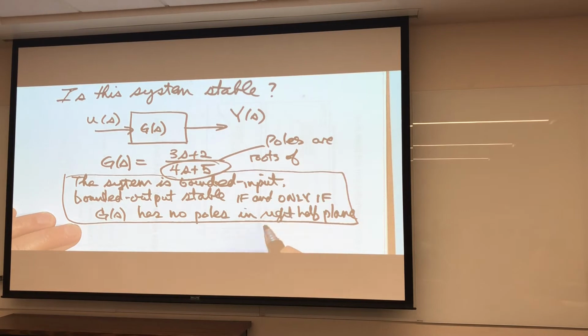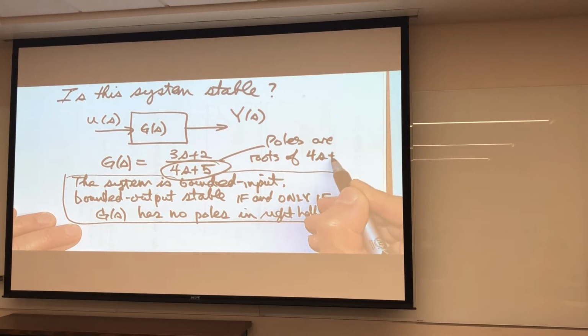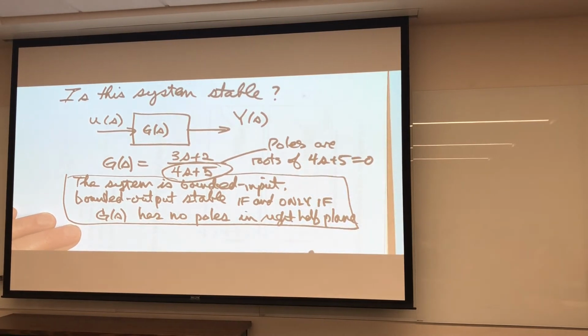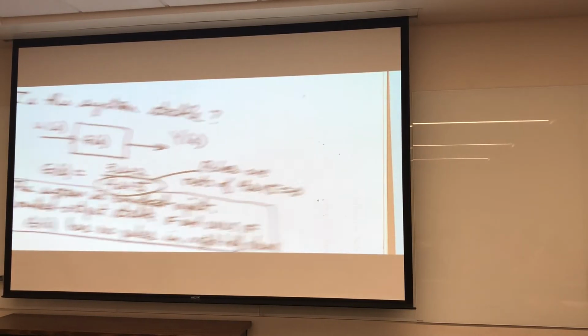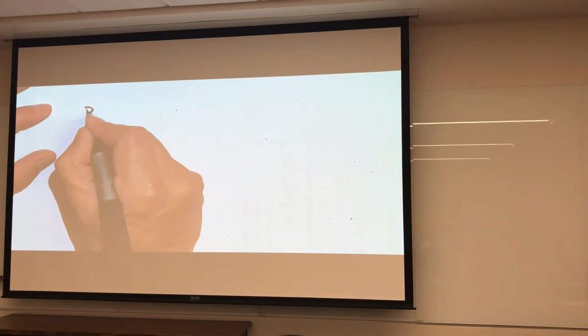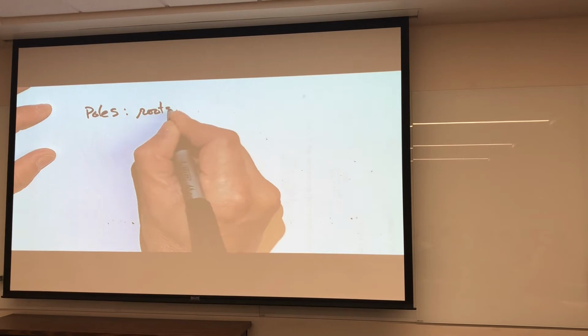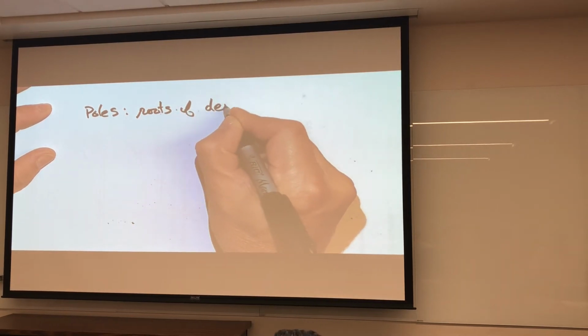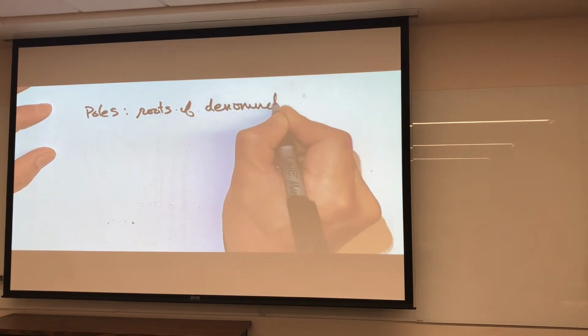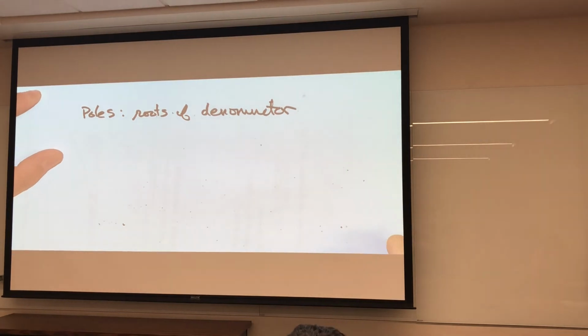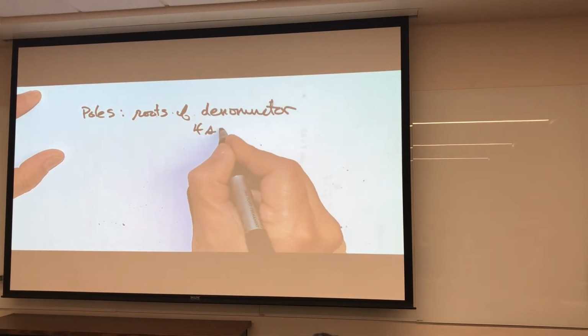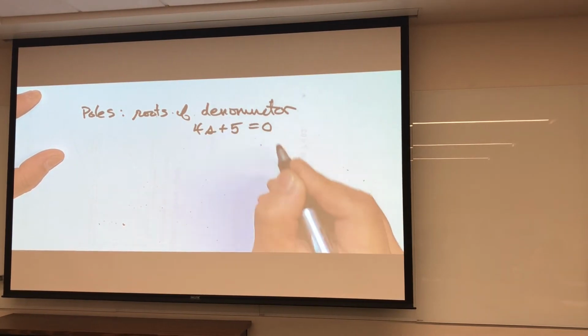Roots of this equation. So I have to be able to solve 4s plus 5 is equal to 0. The roots of the denominator, 4s plus 5 is equal to 0.